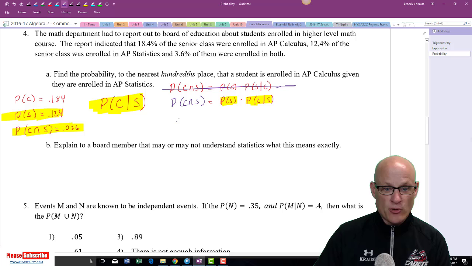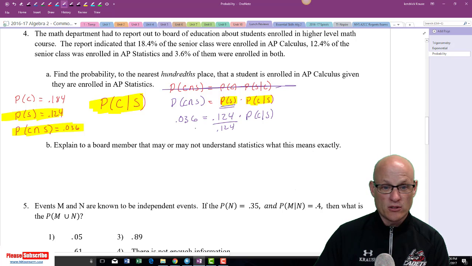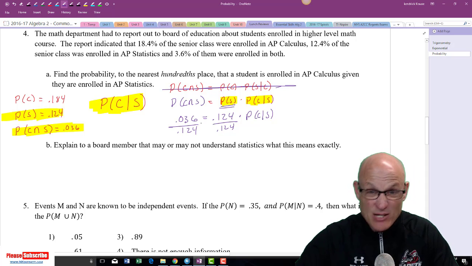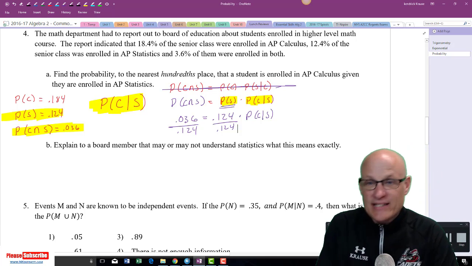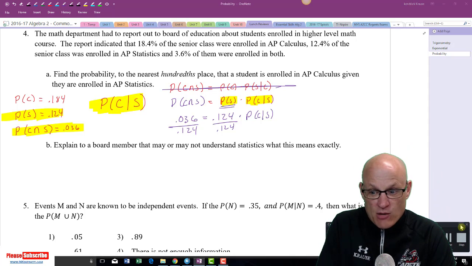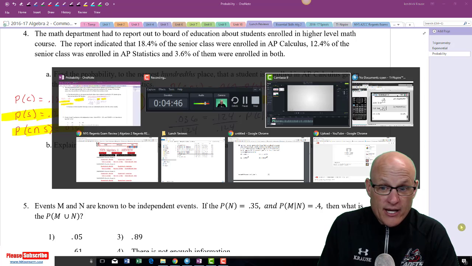So 0.036 is equal to the probability of stats, 0.124, times the probability of calculus given stats. And I just divide by 0.124 on both sides, and I'm done. But the key was I had to use that formula, and I used it because I didn't know if they were independent or not. I wasn't told yay or nay.